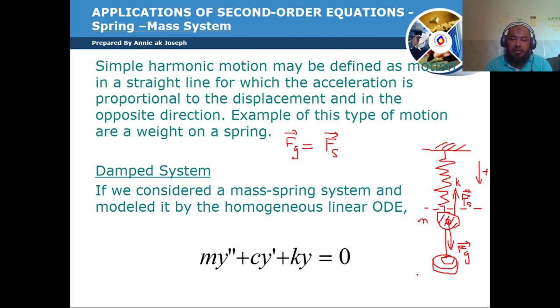This dashpot has a damping constant, let's say C. So you can see that this is C.